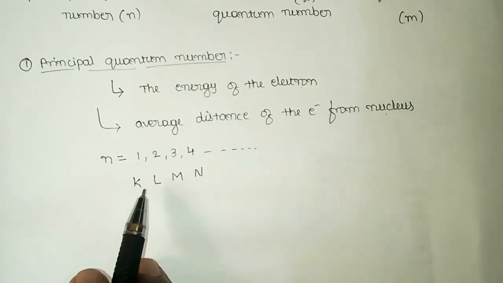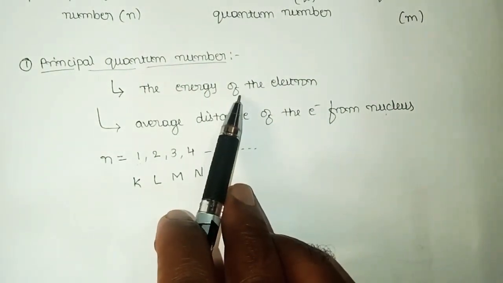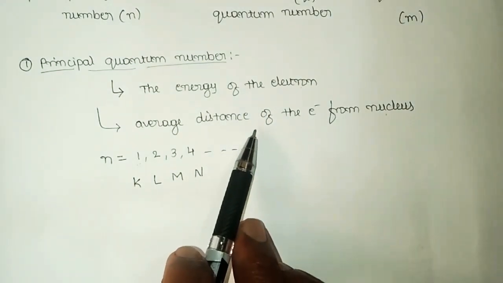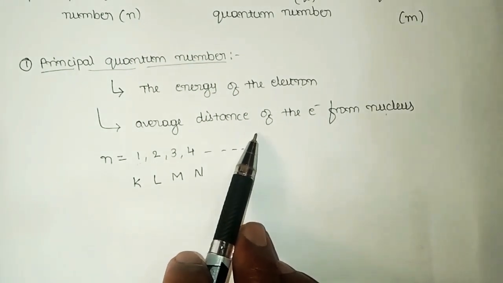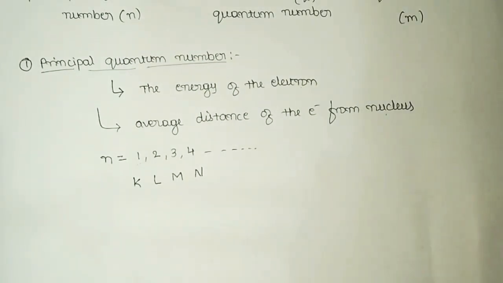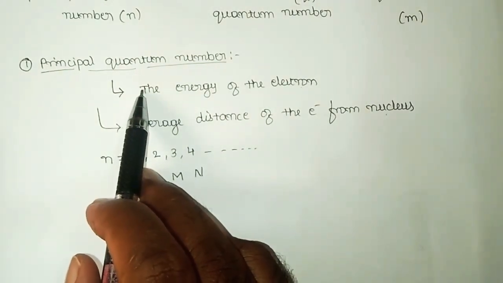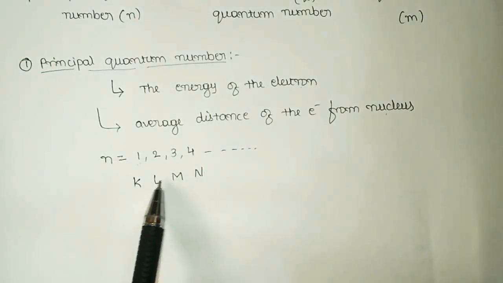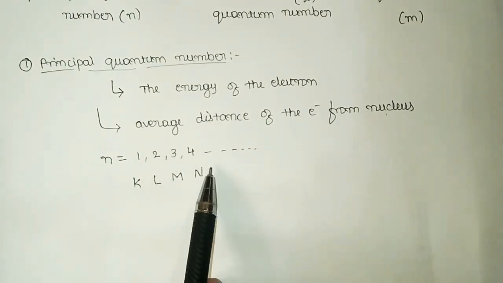Apart from getting information about the energy of the electron and the average distance at which the electron is present from the nucleus, we can get one more piece of information from the value of the principal quantum number. Each and every shell, that is K, L, M, N, cannot accommodate just any number of electrons.